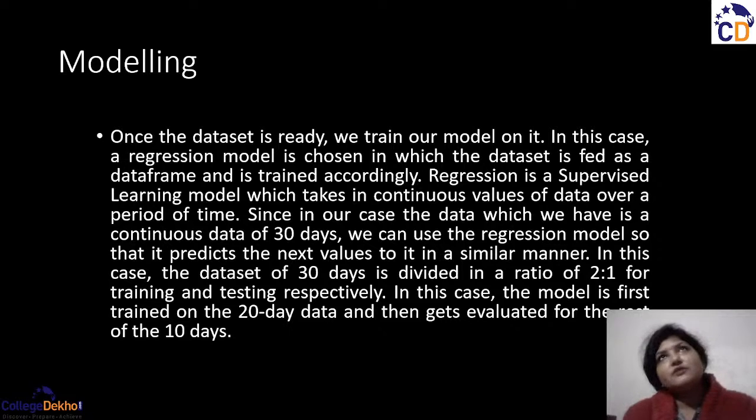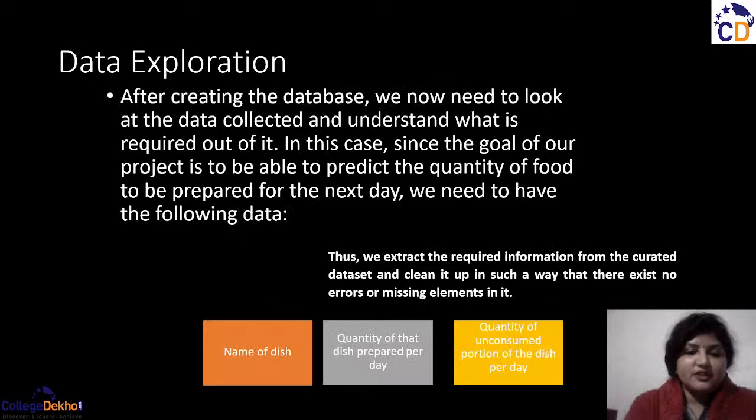In the modeling phase, once the data set is ready, once your collected data is ready and you have cleaned that data set also. Cleaning means you had 6 features and you have extracted the most important ones, the closest factors which are actually influencing your problem statement.